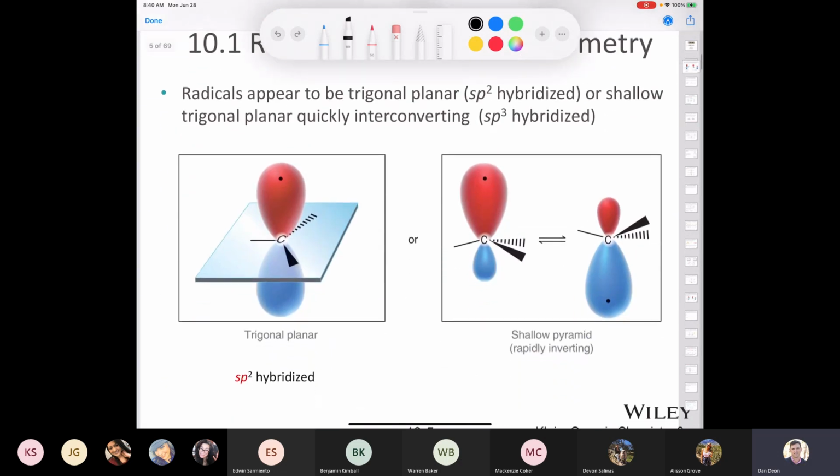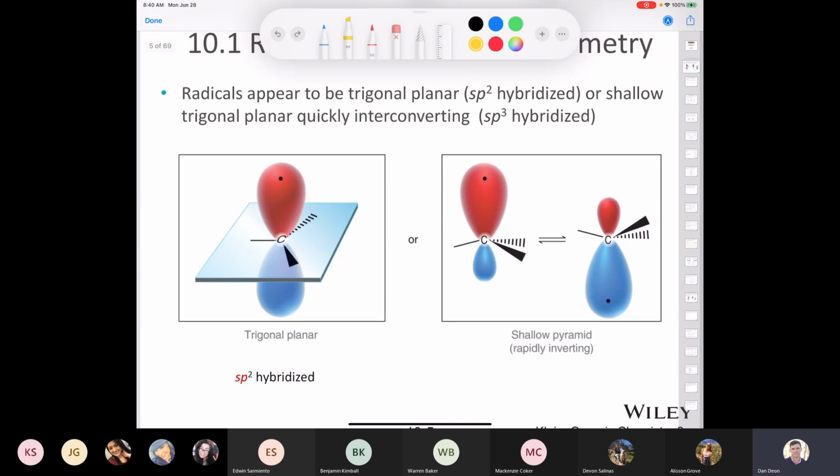It says radicals actually appear to be trigonal planar, like they're sp2 hybridized, or we could view them as having a shallow trigonal planar molecular geometry, in that it's quickly interconverting. So the barrier to inversion is really low. The take-home message is this: you can strap your skates on to this one, you can set your watch to this one.